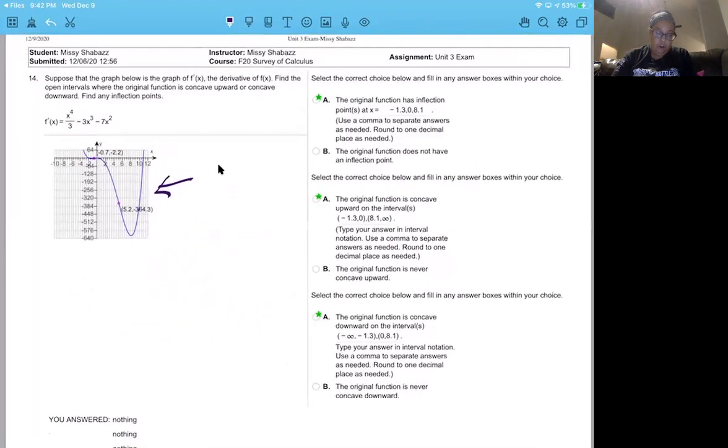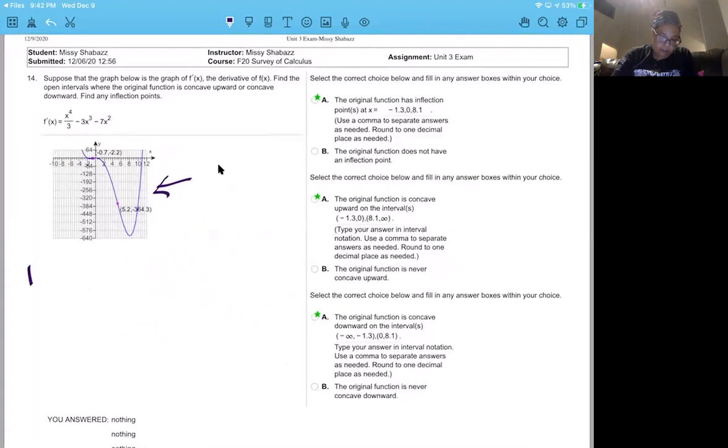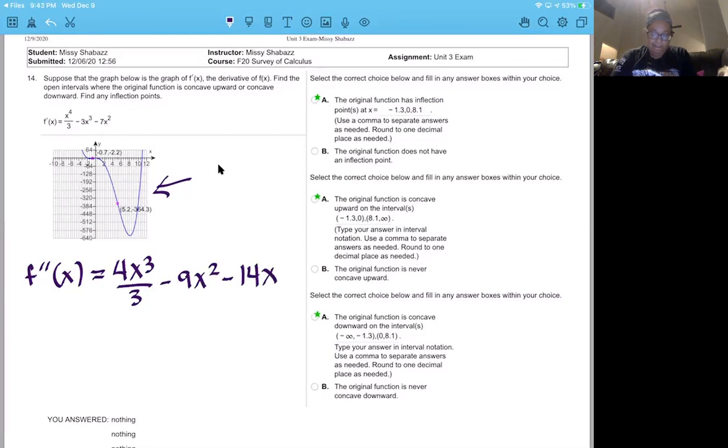All right, so I'm going to start with finding the second derivative. They gave me the first derivative, so I can find the second derivative. So I'm going to get 4x cubed over 3 minus 9x squared minus 14x. I'm going to set that equal to 0, and I'm going to factor out an x.